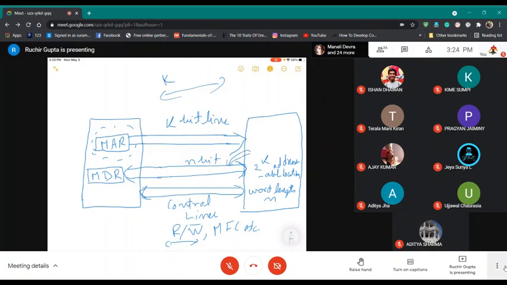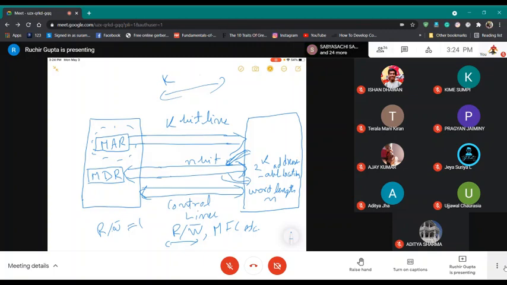So if R/W bar is 1, the data will be placed here, and after placing the data, this MFC signal will be sent.